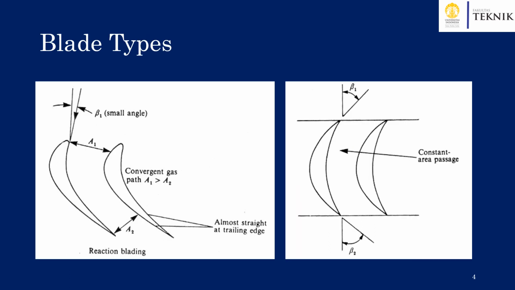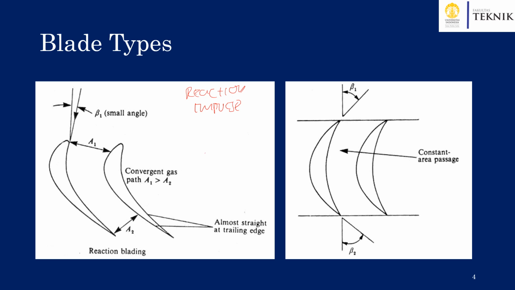As previously mentioned, we know that the axial turbine can be divided as reaction and impulse turbines, and the fluid can be gas or steam.